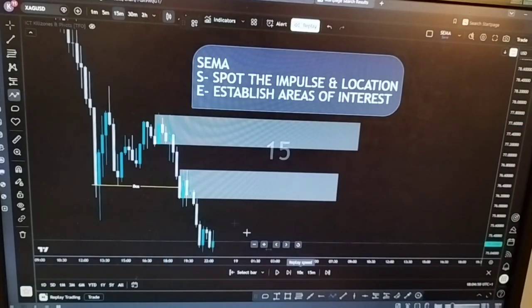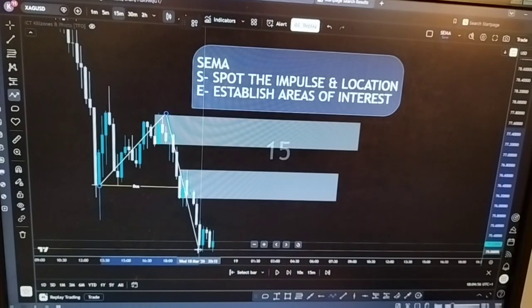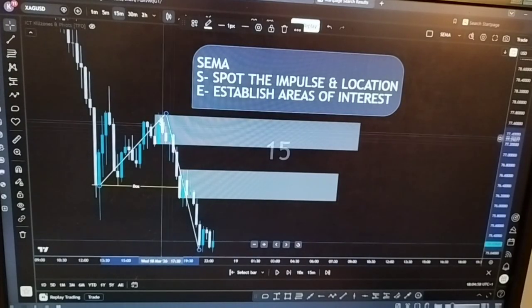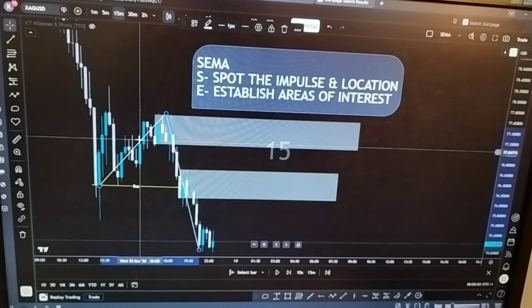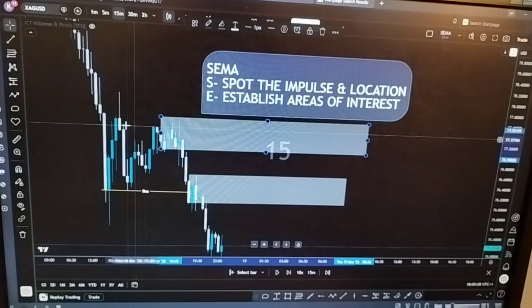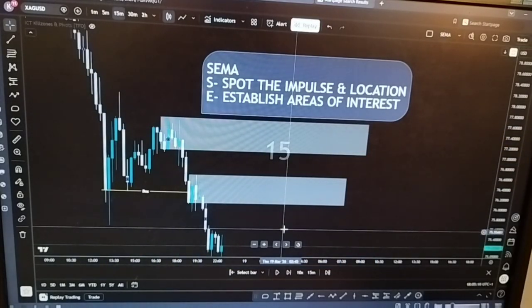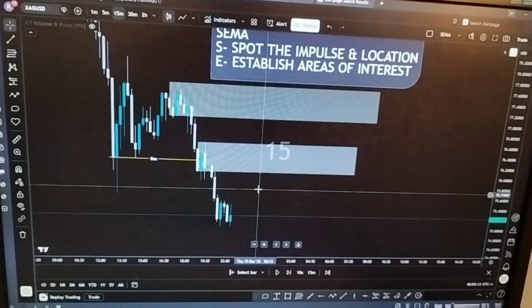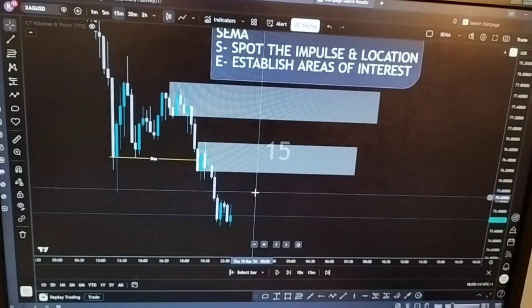If you look at this, the market moved from here to here and then down here. So this is where the move to the downside originated. If the market is able to take out these origin areas, then we will start saying that this market is changing direction.